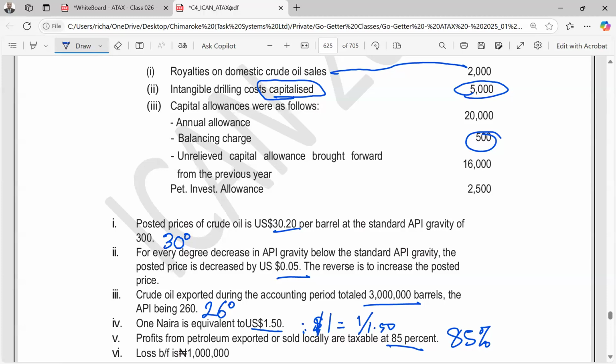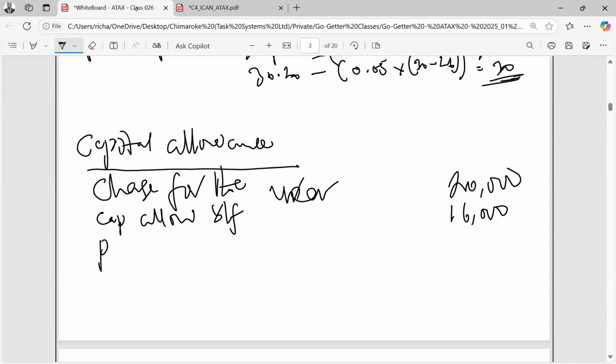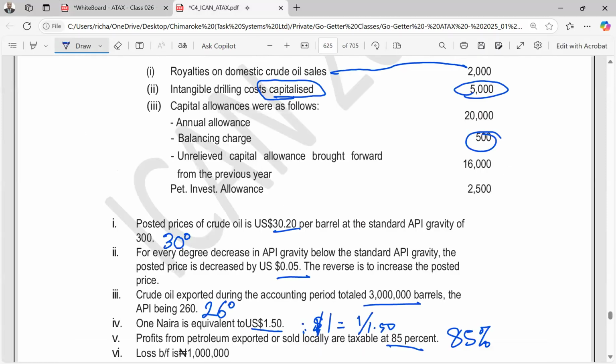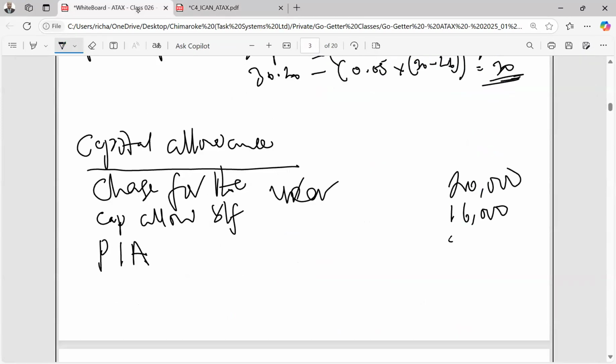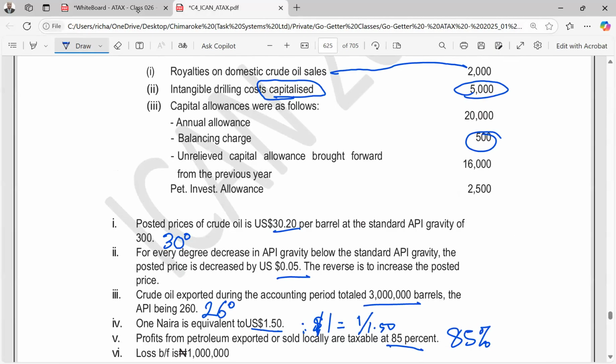Okay, then we have petroleum investment allowance, PIA, 2,500. Is that correct? Yes. So we've taken this.